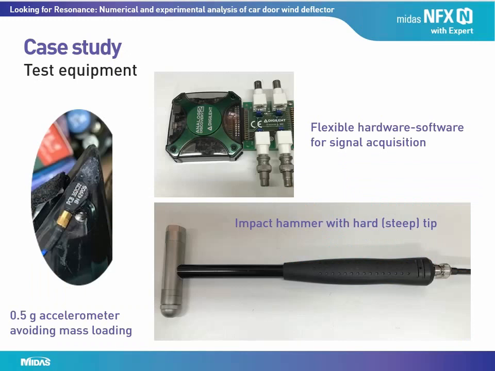Test equipment mainly consists of a lightweight accelerometer, an impact hammer with hard tip, and a flexible hardware-software data acquisition system. The accelerometer mass is only 0.5 gram, which eliminates mass loading effect. The hammer tip is made of steel.